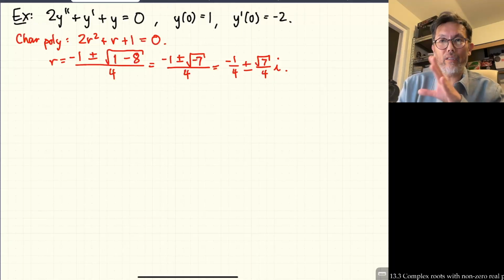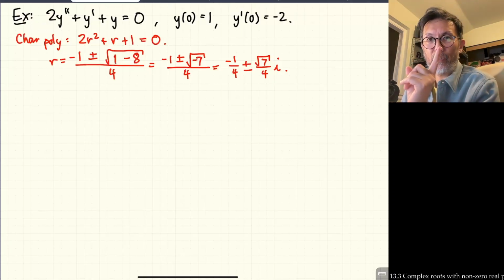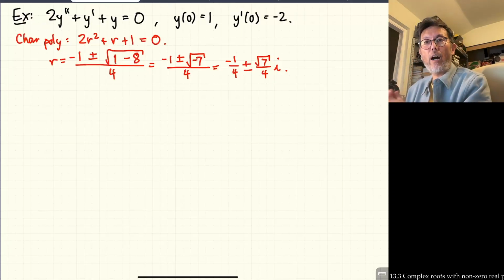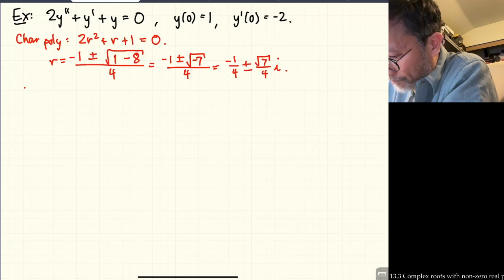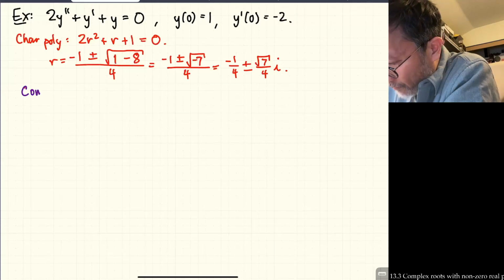And we need to consider only one of the complex valued solutions. So here is a complex valued solution, I'll write it in purple.